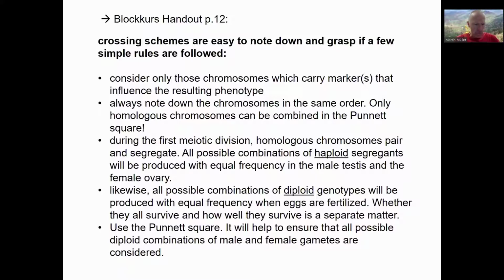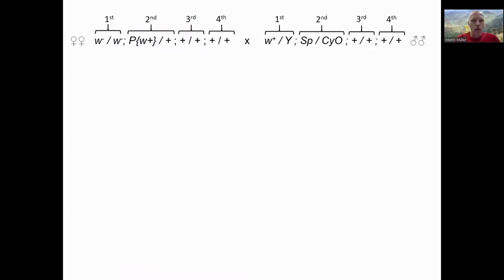In the handout, I have written all the rules which should be followed. Crossing schemes are easy to note down and grasp if a few simple rules are followed. So I will, of course, not read all this, but we will go through them one by one here. Here we have a female.